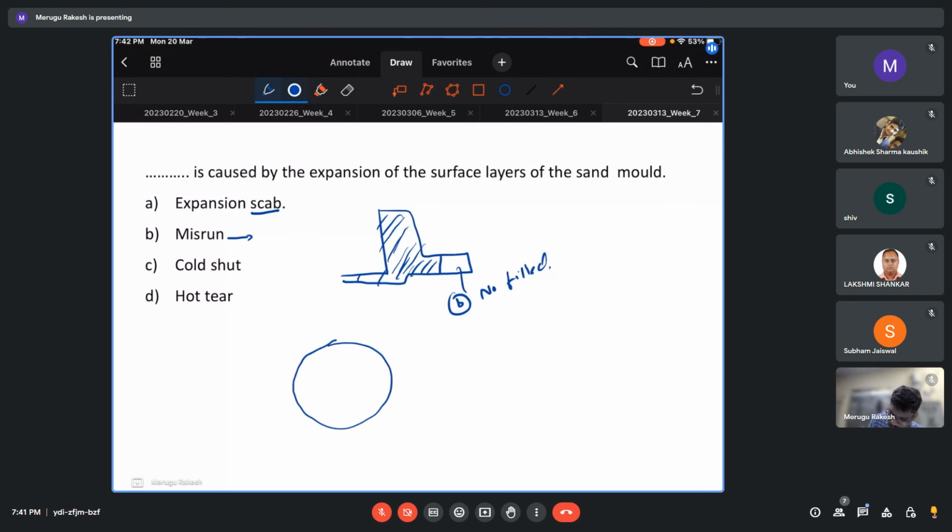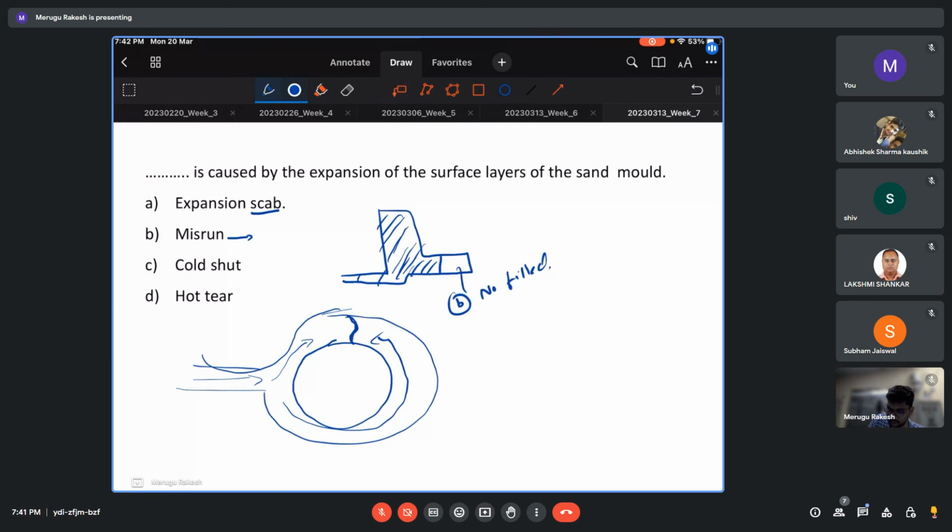The best example for cold shut will be this hollow portion, because in this type we have two streams. One will go from here in this direction, one will come from this direction, and they join and form this cold shut because they are incomplete. This occurs due to incomplete fusion of two metal flows.